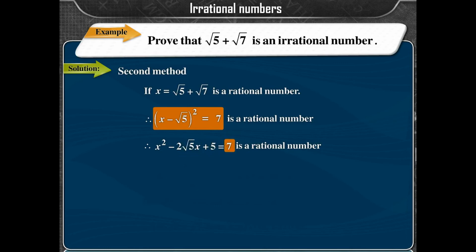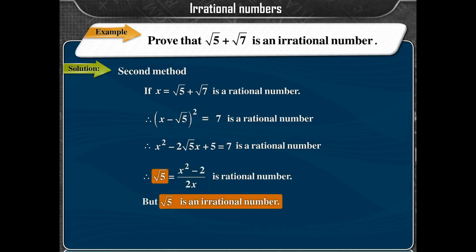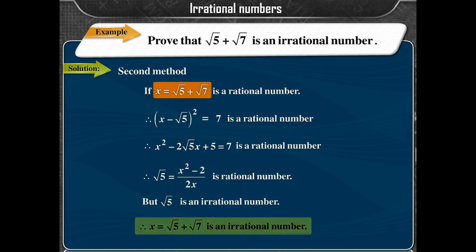Therefore, square root of 5 is equal to x squared minus 2 upon 2x, which is a rational number. But square root of 5 is an irrational number. Therefore, x is equal to square root of 5 plus square root of 7 is an irrational number.